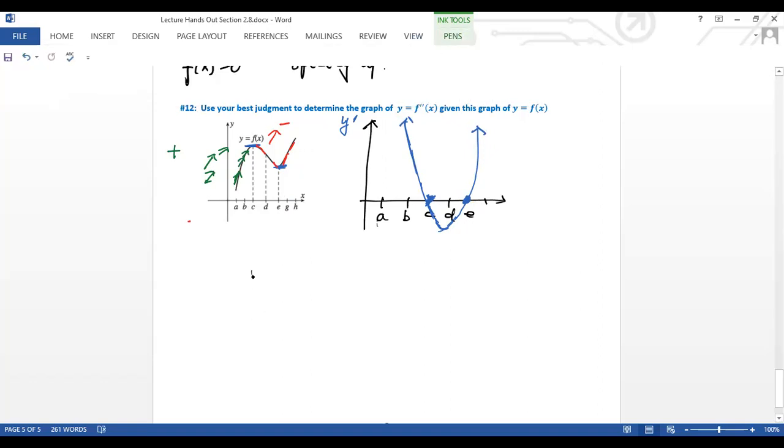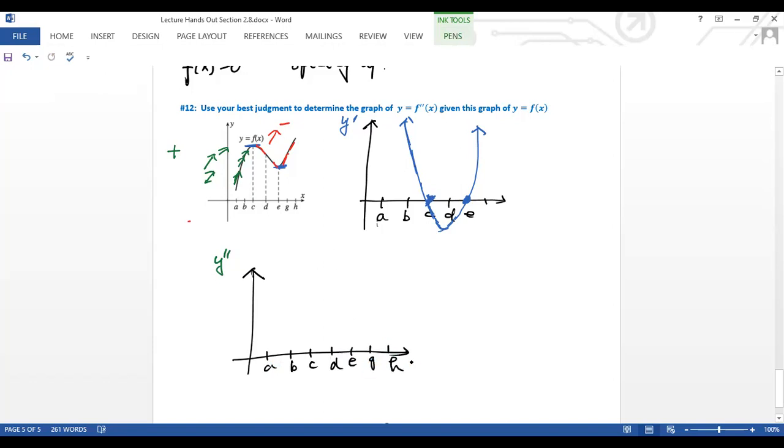So now I'm going to take a look at the f double prime x. All right, this is what we call f double prime x. Let's see, how do we do that? This will be A, B, C, D, E, G, H here.